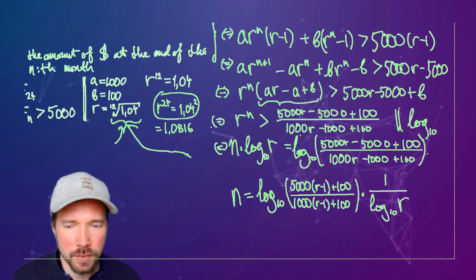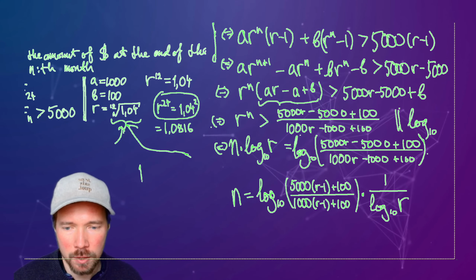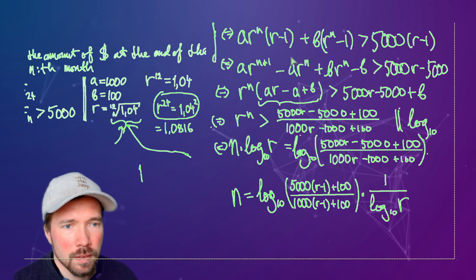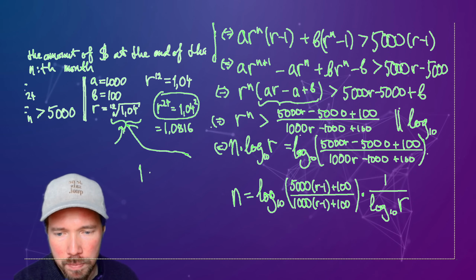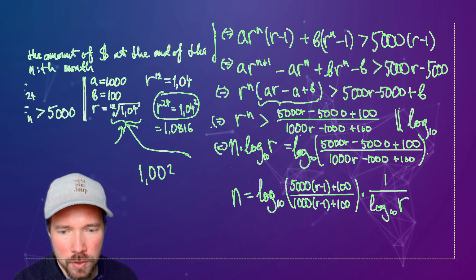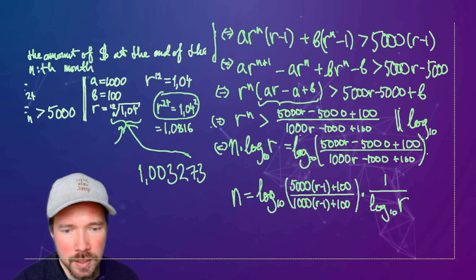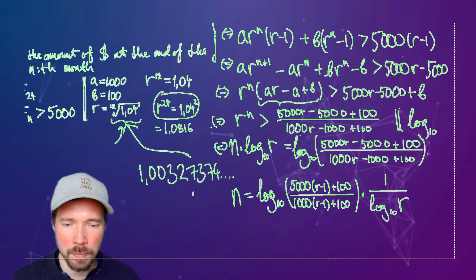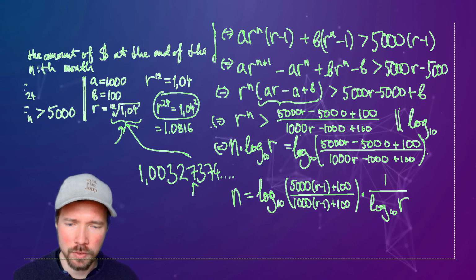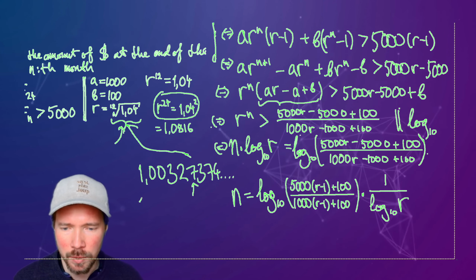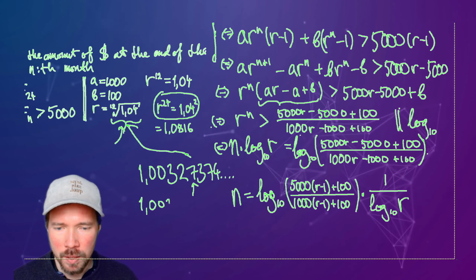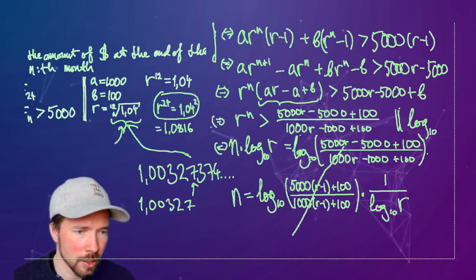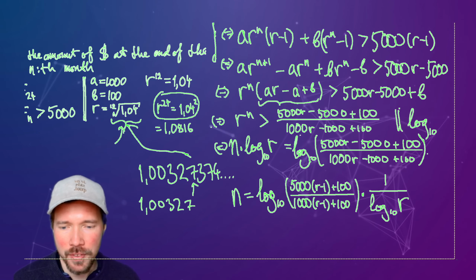The 12th root of 1.04 according to my calculator is 1.003273734, etc. Now, if I am not careful, I round it up here. I'm thinking, oh, I can round at the 5th decimal, no problem. So it's going to be like this. Then I will plug it in here, and I multiply by 5,000.